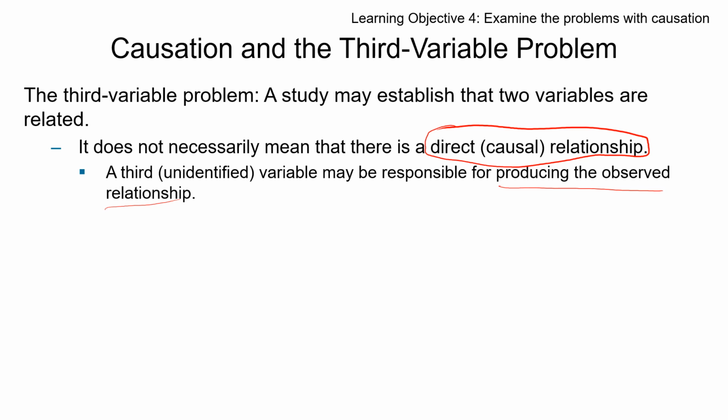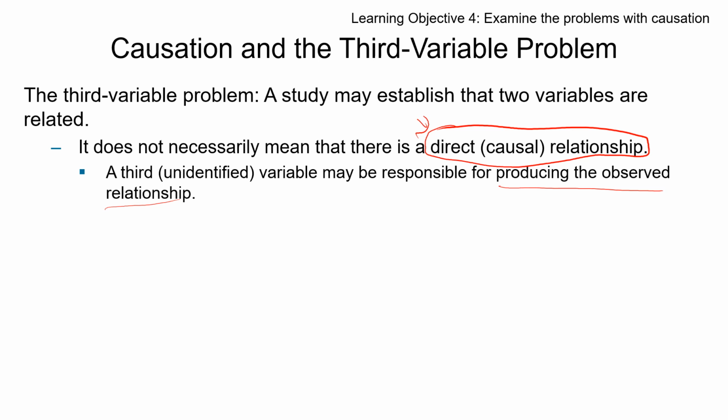Through subsequent studies, we found out that facial width to height does have a causal relationship with aggression, but it's not direct, meaning there was a third unidentified variable that is responsible for that relationship, and that being social status or relative social status.